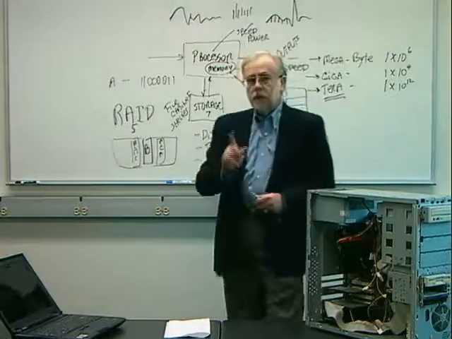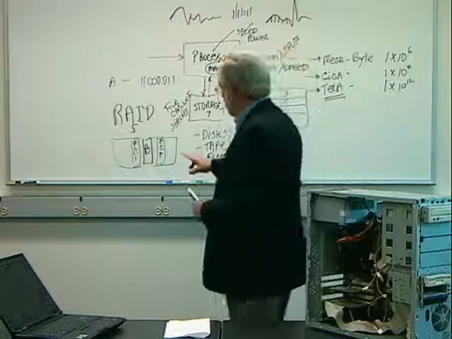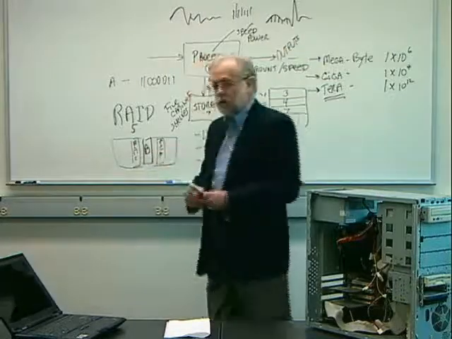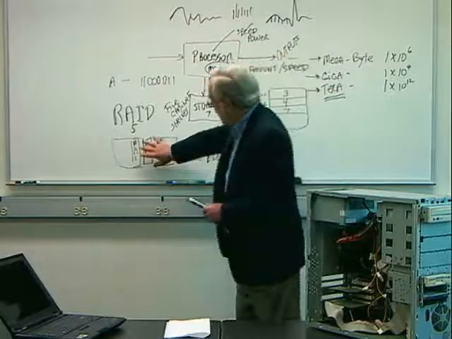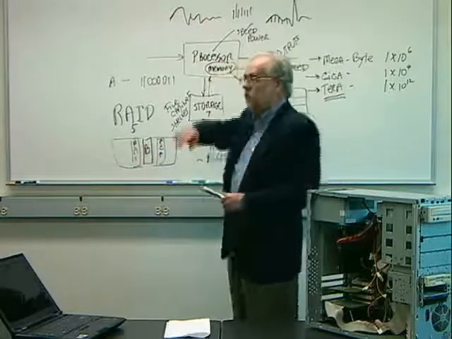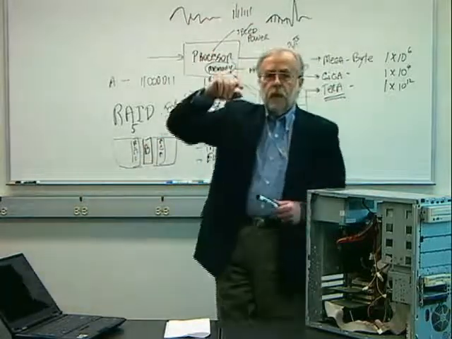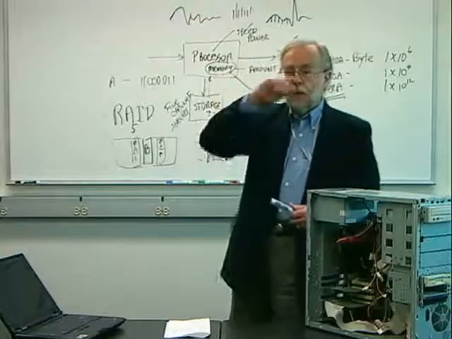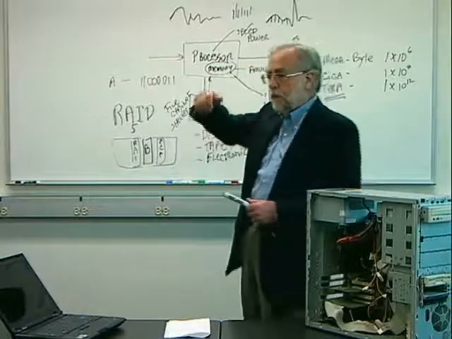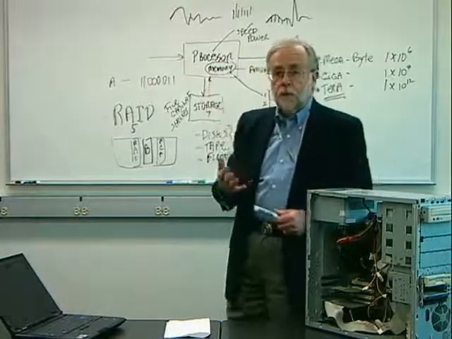Let's go one step further. Instead of having these disks in one location, let's have a RAID 5 array here, and then over in Vancouver we have another RAID 5 array, and down in Denver we've got another RAID 5 array, and over in Toronto we've got another RAID 5 array.